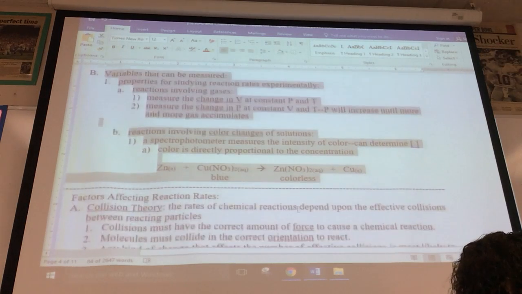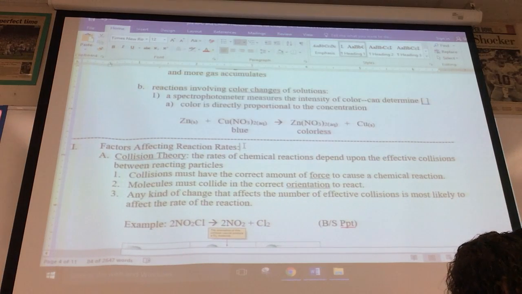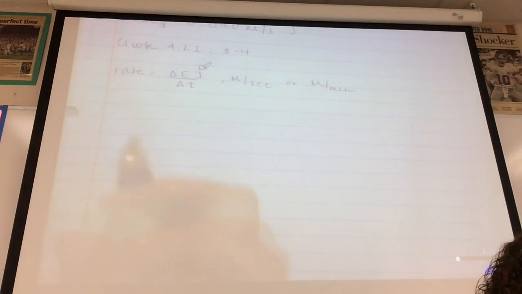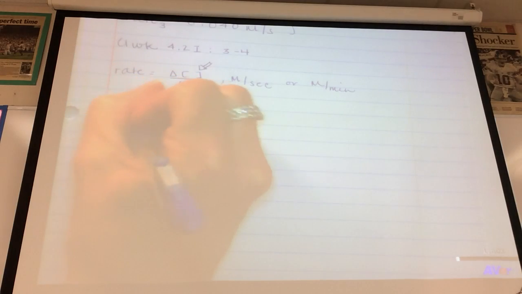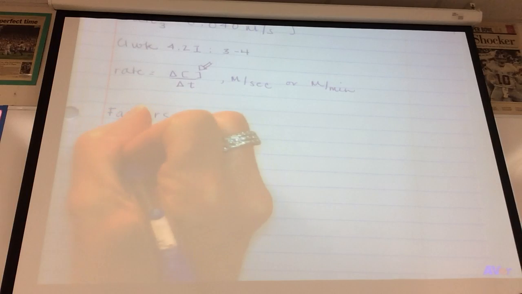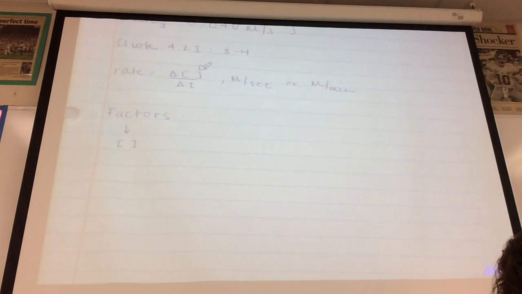All right, our real focus today is going to be on factors that affect reaction rates. What you're going to see in regard to factors that affect reaction rates is concentration. And we're going to spend a lot of time on concentration.